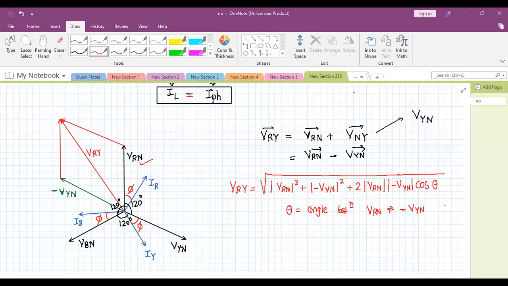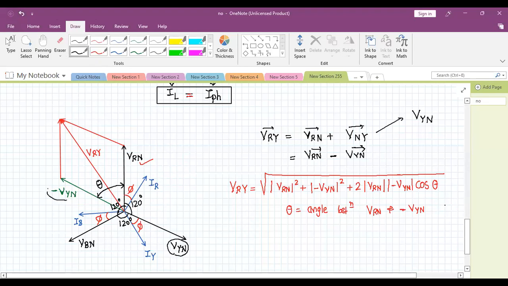Yes. Okay. So now we are interested in this angle, yes or no? Can anybody tell me what this angle theta is? It is 60 degree. Yes, very good. Why? Because see this VYN and minus VYN.